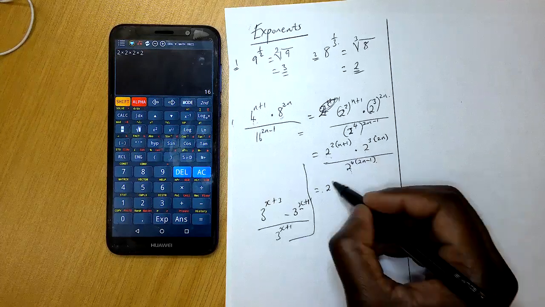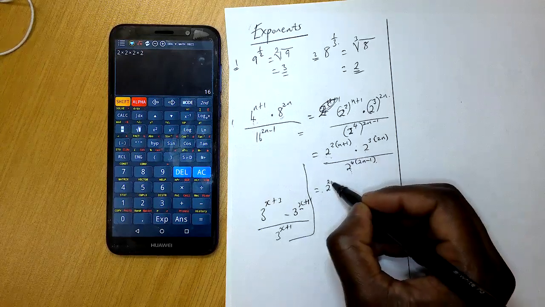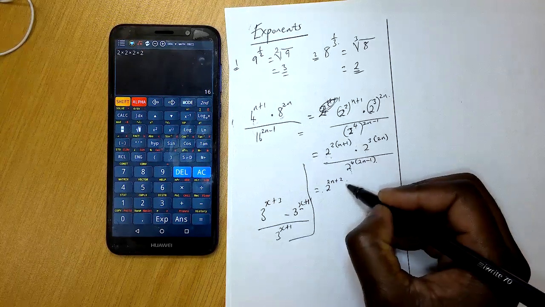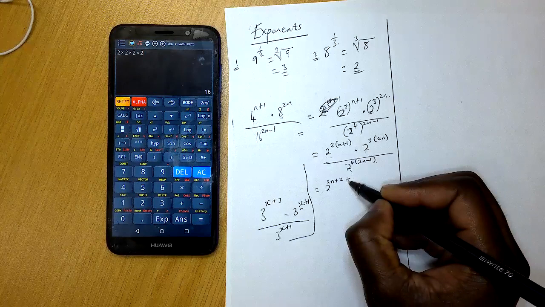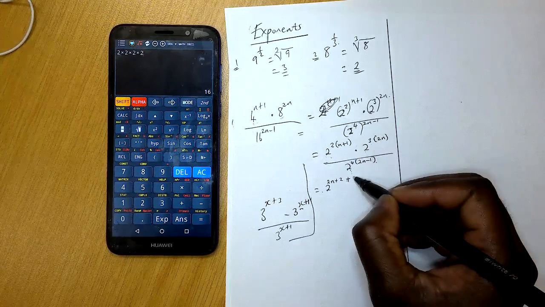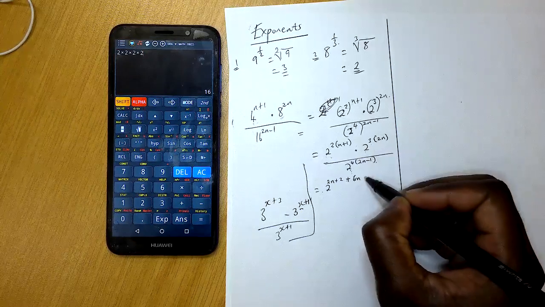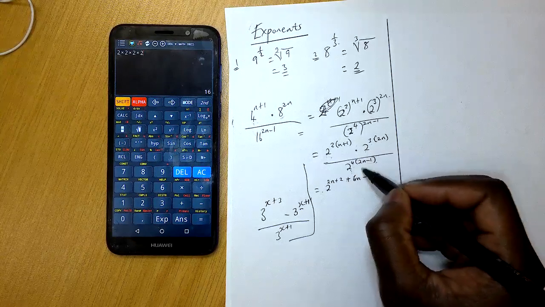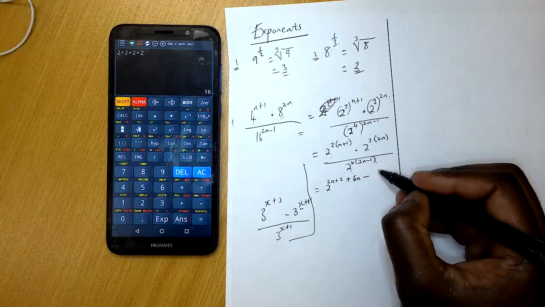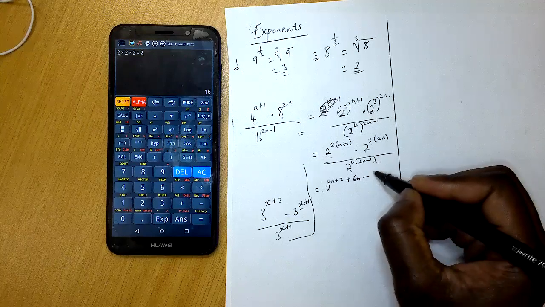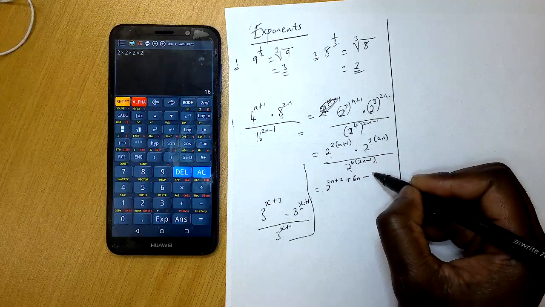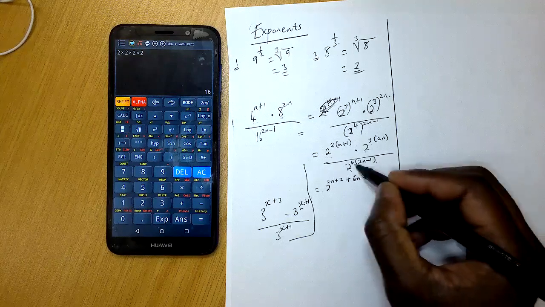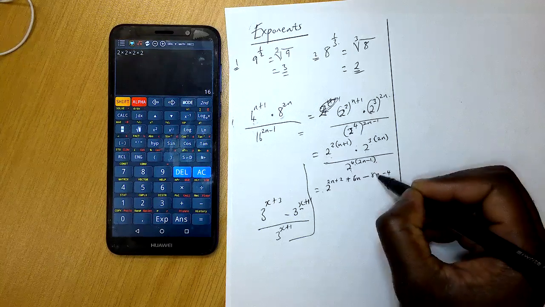Of 2n plus 2, plus here it's going to be 6n, but now minus, because this whole thing is under the denominator, minus 4 times 2n is 8n, 4 times negative 1 is minus 4.